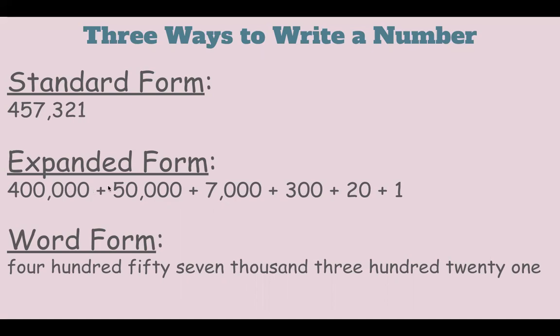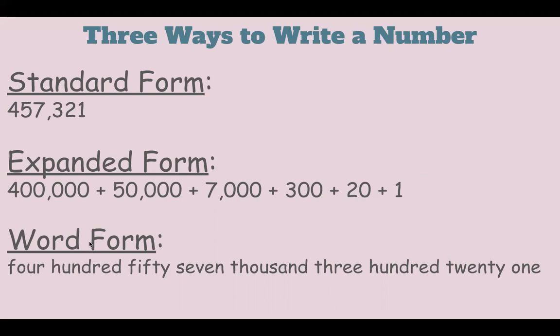But when we add them all together, they should still equal its standard form. So when I add 400,000 plus 50,000 plus 7,000 plus 300 plus 20 plus 1, it should still be the same value. So they're the same exact number, we're just looking at it in a different way.